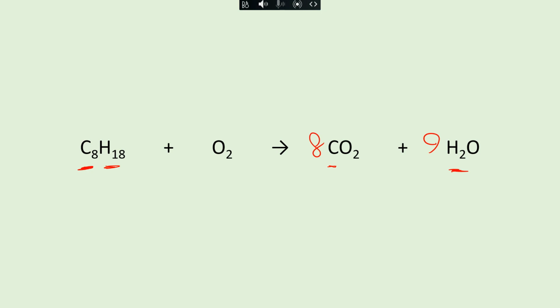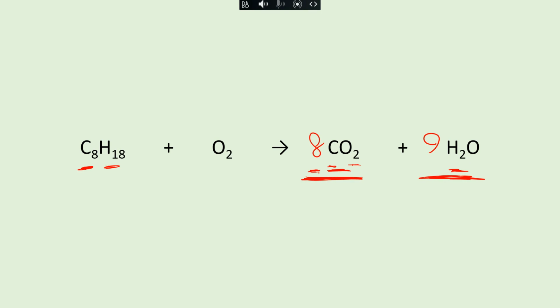Now, in terms of oxygen, we have 9 from the water. We have 16 from the CO2, because every CO2 uses 2 oxygens, and we have 8 of those CO2. So the CO2 gives us 16 and the water gives us another 9. So we have 25 oxygen atoms.